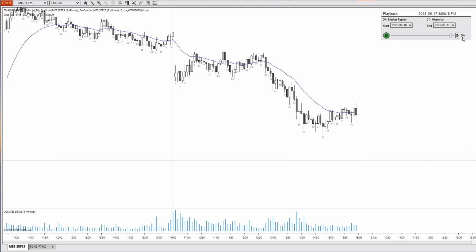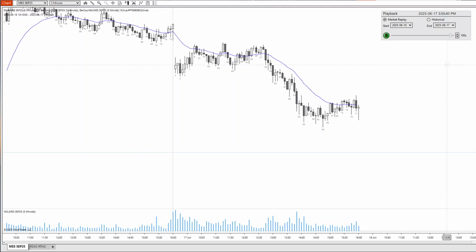There could be another leg as well. Yeah, it was just choppy price action there. And that was a low 1, and that was a leg 1, leg 2.